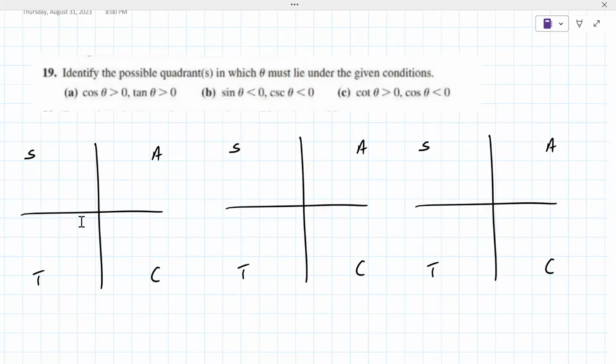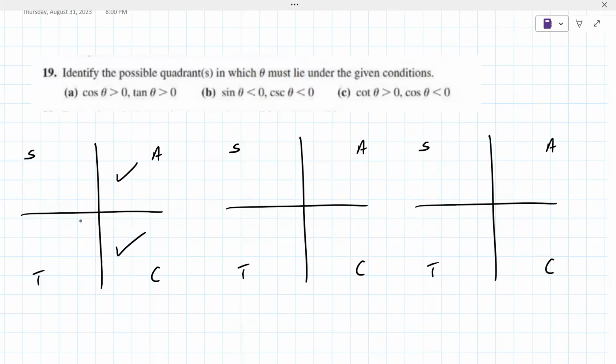There's two quadrants where cosine is positive. It's 2 and 1. So the letter tells you which one is positive. They're all positive there. That C means C is positive down there. So 1 and 4. Oh, sorry.